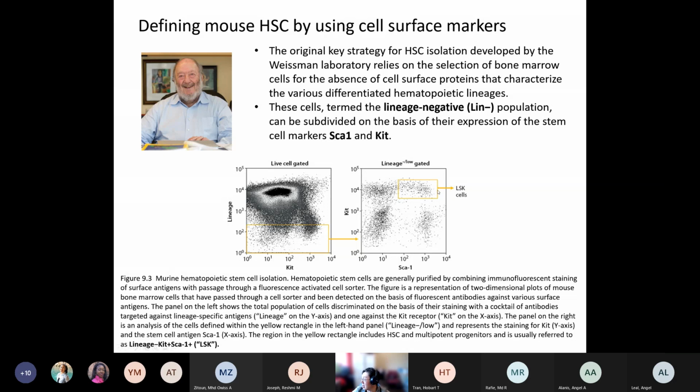And then in this yellow box, you can see here, these cells are both KIT and SCAR1 positive, right? Because the position here represents positive staining of KIT and SCAR1. I hope at this point you can kind of read the flow cytometry result, right?